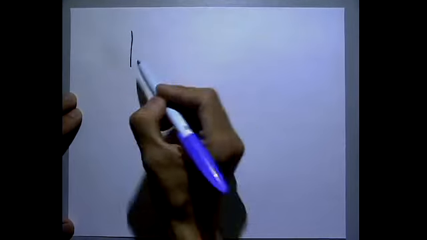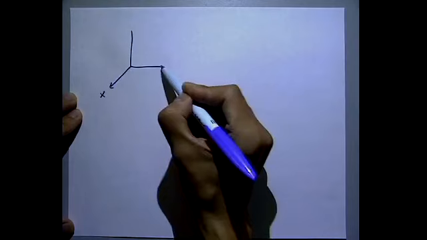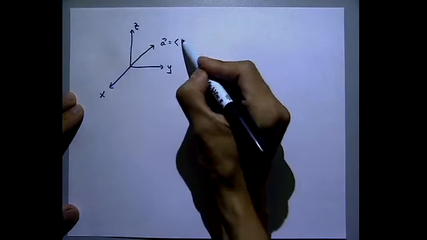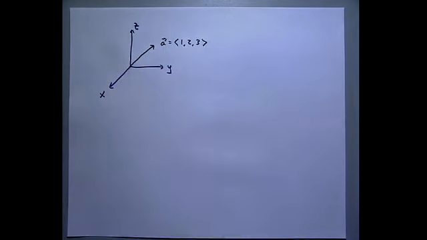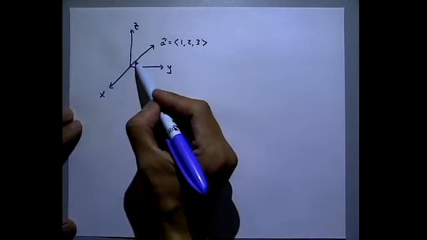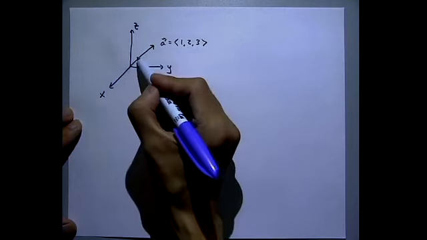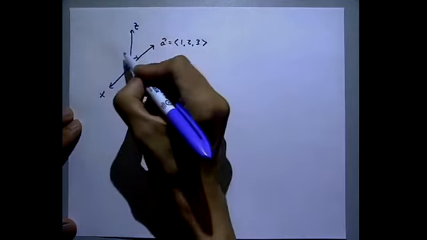Now, in many applications, if you have a vector just sticking out in space, so here's my x, y, z. And here's some vector. We'll use 1, 2, 3 again as an example. In many applications, what you want to do is to find out what is the angle between that vector and the x, y, or z axis. Let's call the angle between A and x the angle alpha.